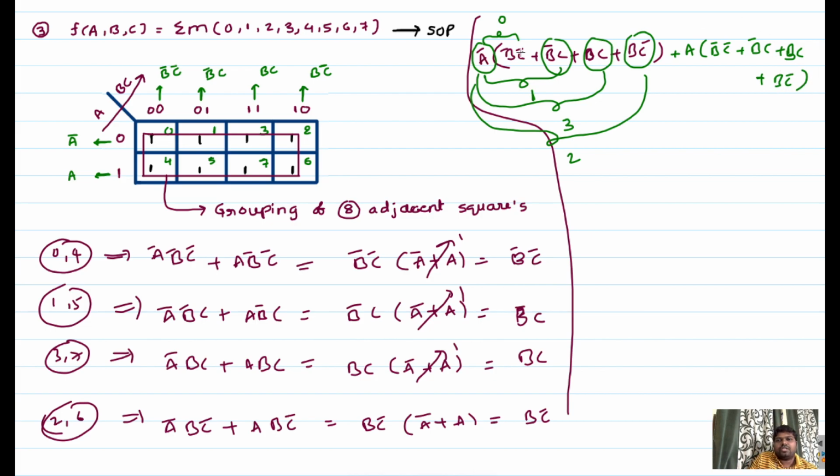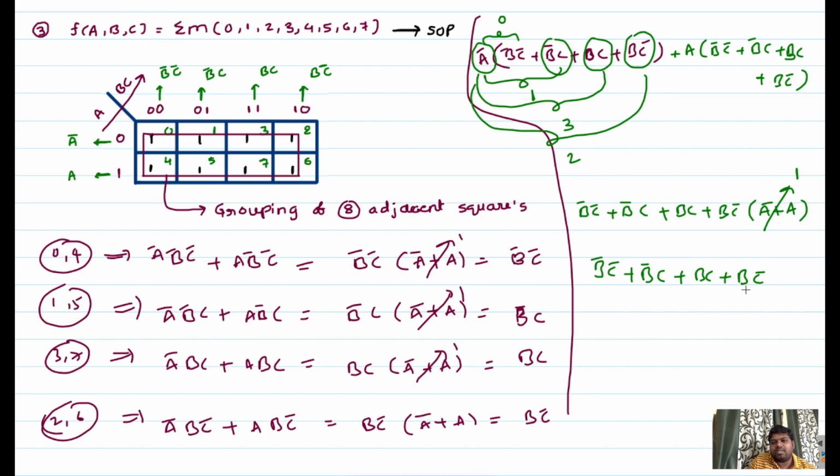In these two terms, b bar c bar plus b bar c plus bc plus bc bar is the common element. Taking this as a common factor, I will get a bar plus a, and according to the adaptation theorem, a bar plus a equals 1. So finally we get b bar c bar plus b bar c plus bc plus bc bar.